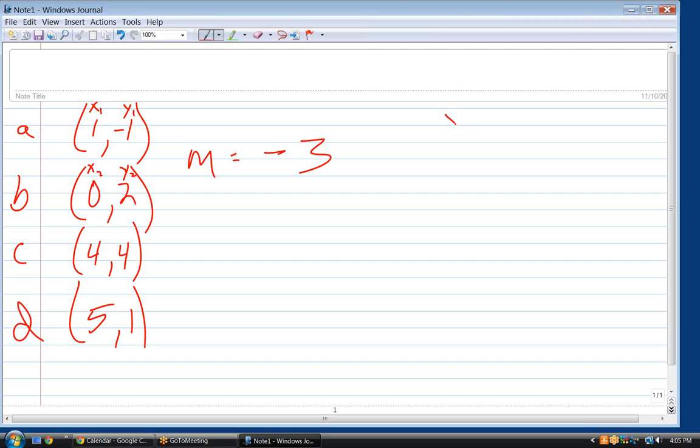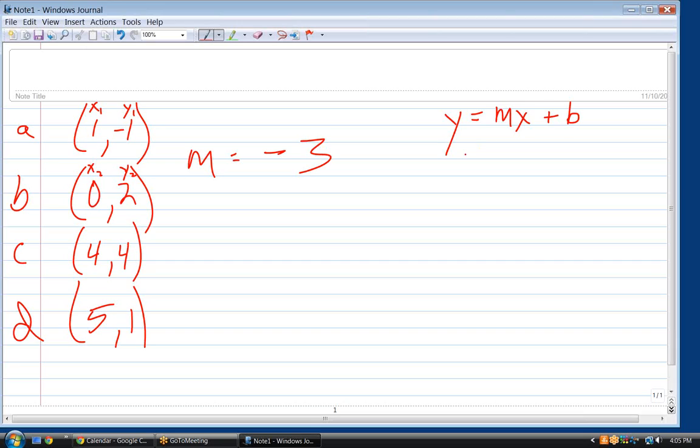What's the most common one? I forget what it's called. Slope-intercept. Y equals mx plus b. That's the most common one. We can actually use that one for this.